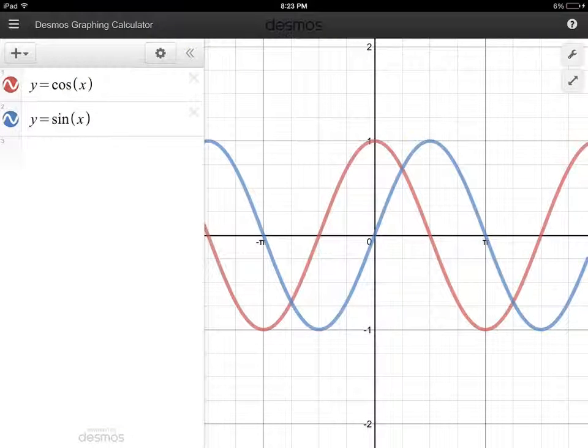If we continue the pattern, you'll see that the sine curve and the cosine curve match each other quite well. You'll notice there's a little bit of shift between the red curve and the blue curve, and that's by design. That's how sine and cosine relate to each other.